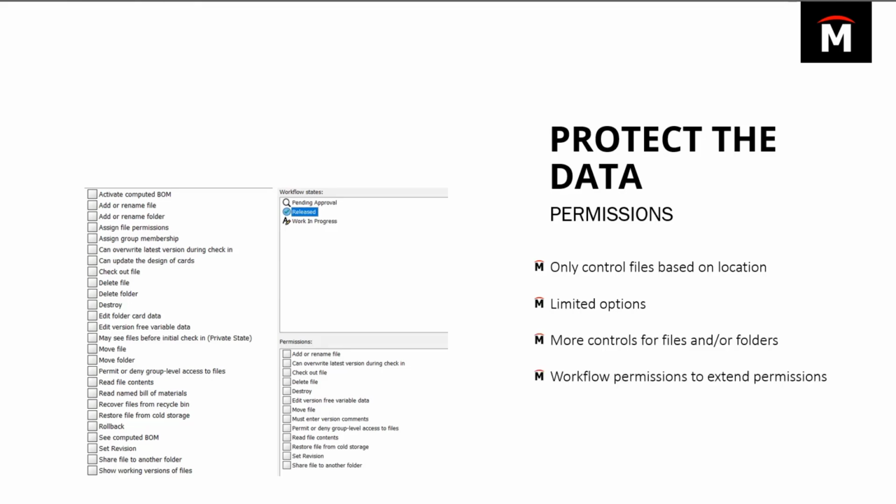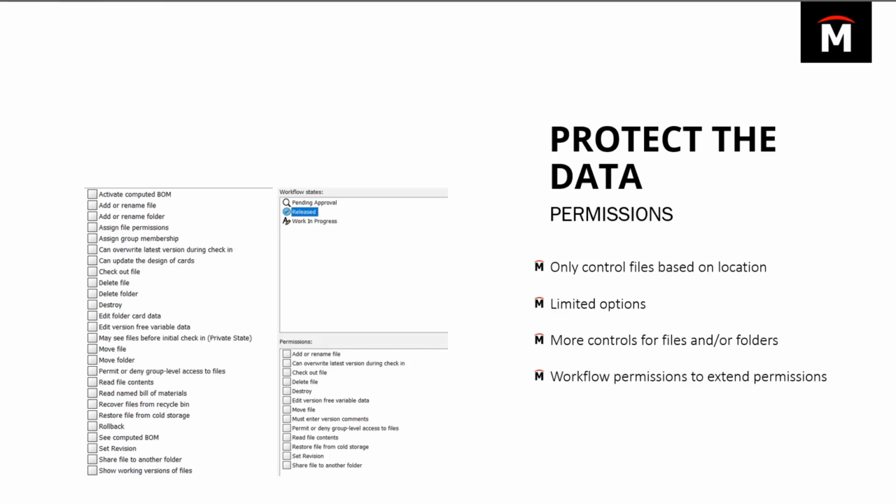We have the ability to control files and folders a bit differently, whether we can rename or add files versus folders. We have the same read permissions, delete permissions, but what PDM really brings to the table here is the workflow state permissions. So not only are we controlling where you can do things, we're also controlling when you can make changes in your in-house process.